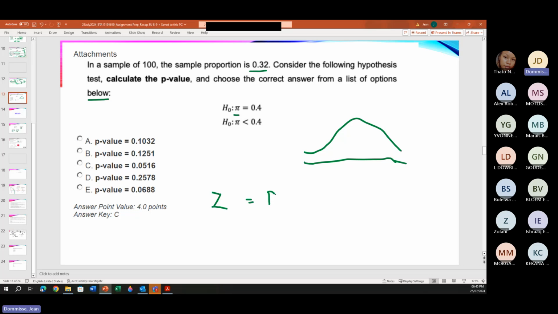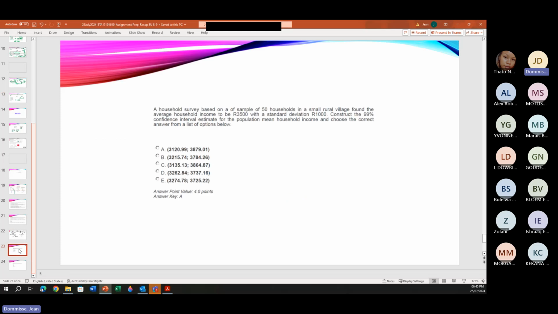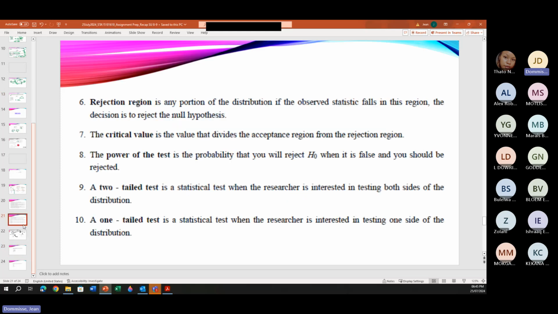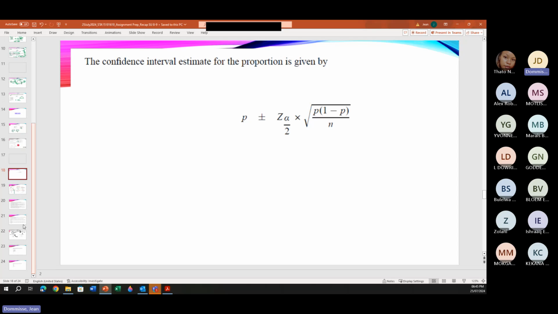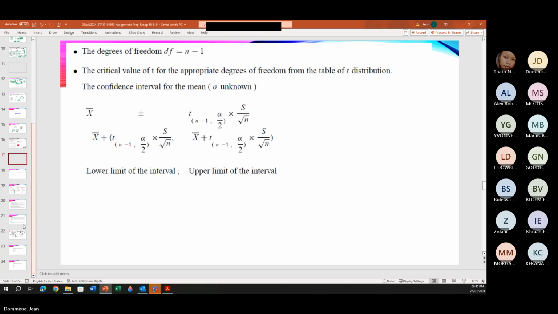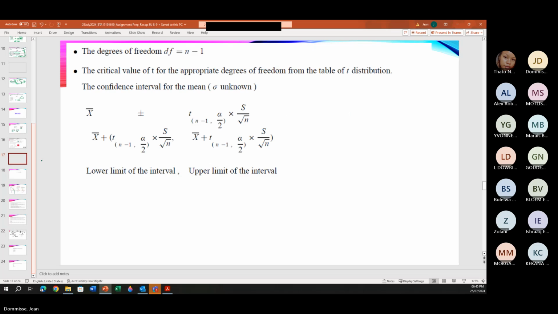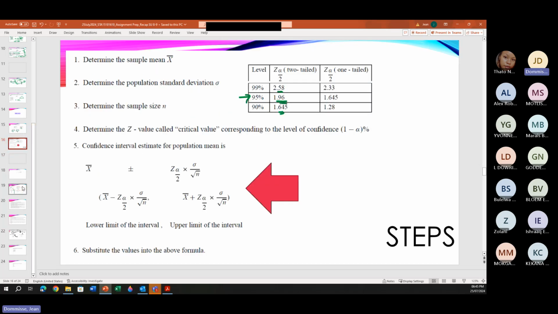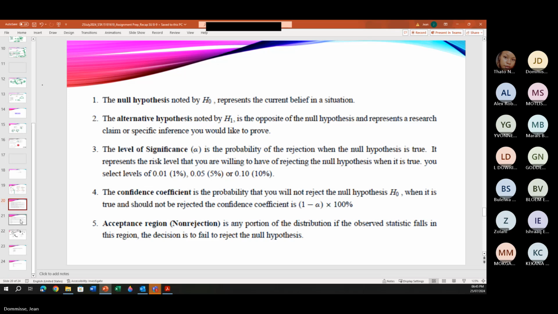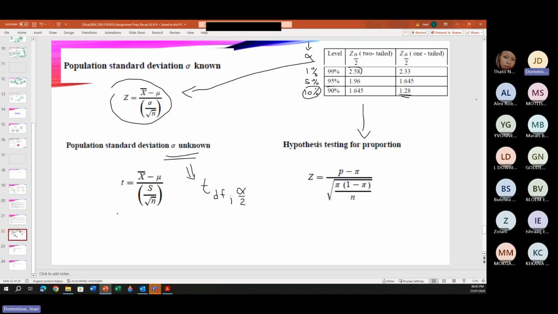So then remember this formula from chapter 7 as well. And I can't remember it, so let's quickly, I just want to see. Okay, so that was confidence intervals. So where was it? Now I must get to the right one. Sorry about that.